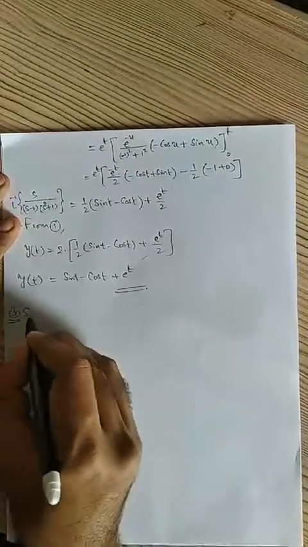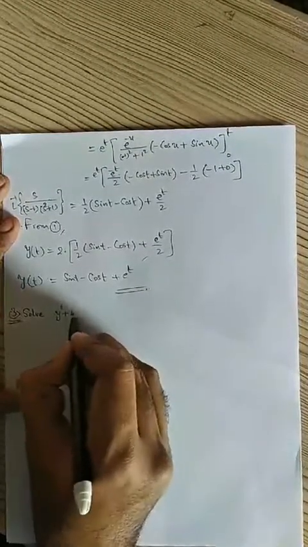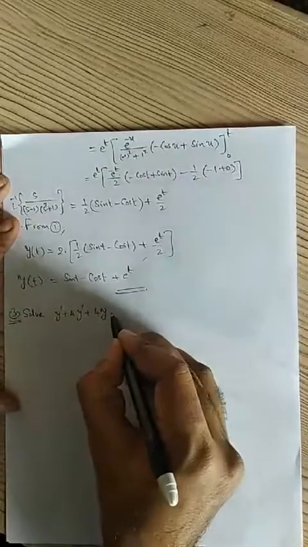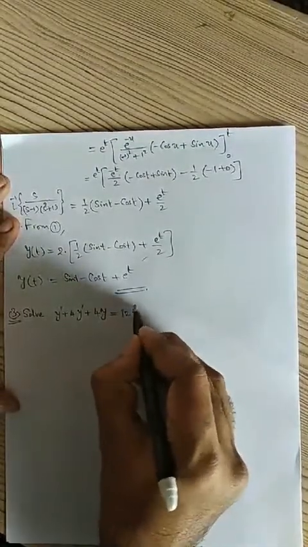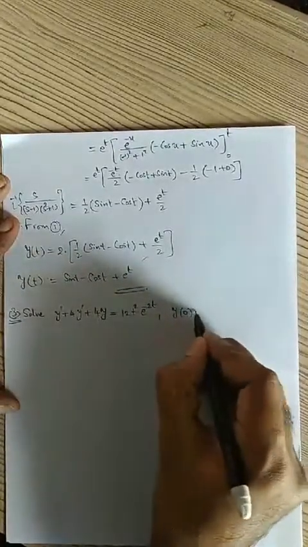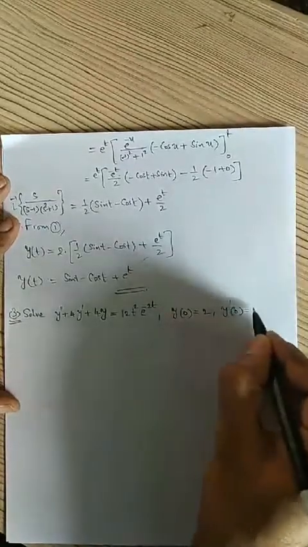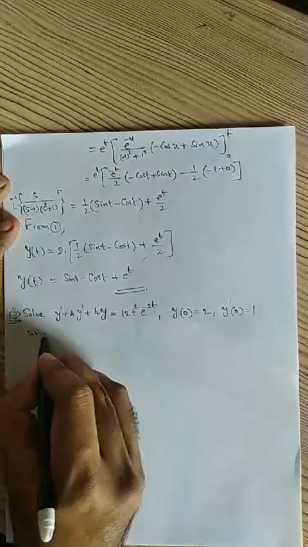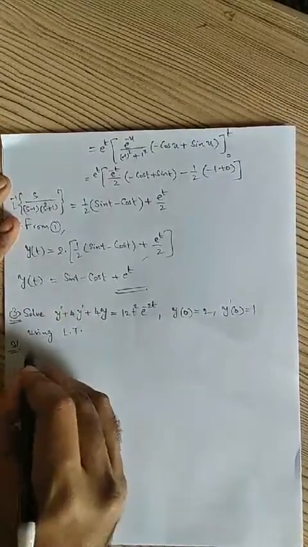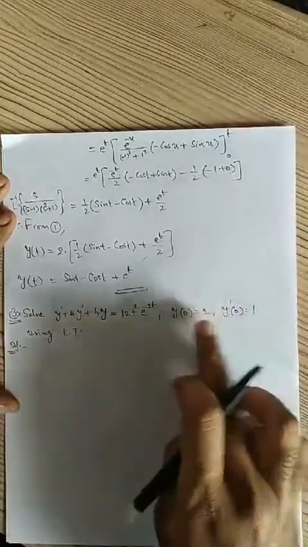Solve y double dash plus 4y dash plus 4y equals 12 into t square e power minus 2t. What else is given? Conditions: y of 0 equals 2, y dash of 0 equals 1, using Laplace transform. We have to use Laplace transform to solve this equation subject to these two conditions.